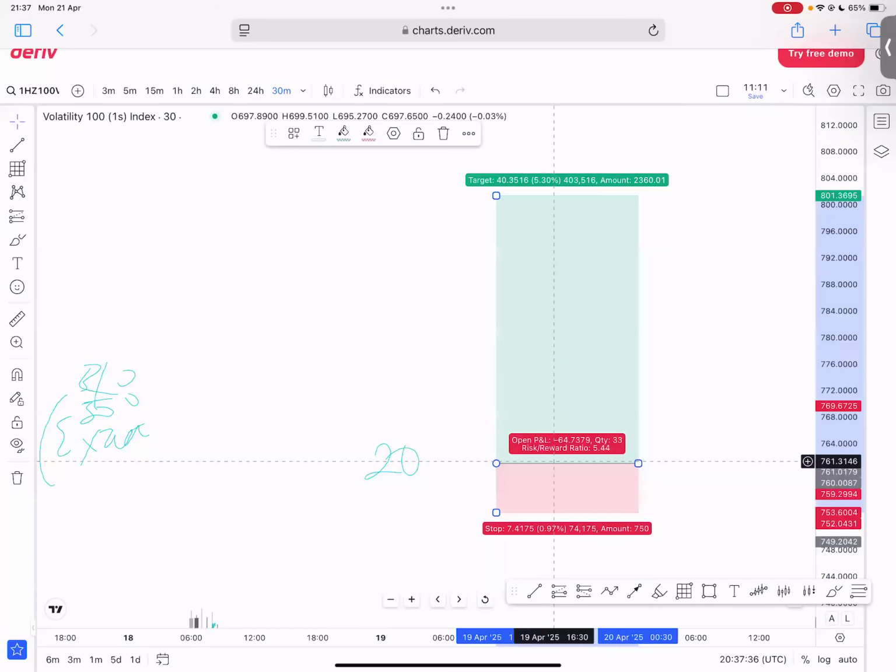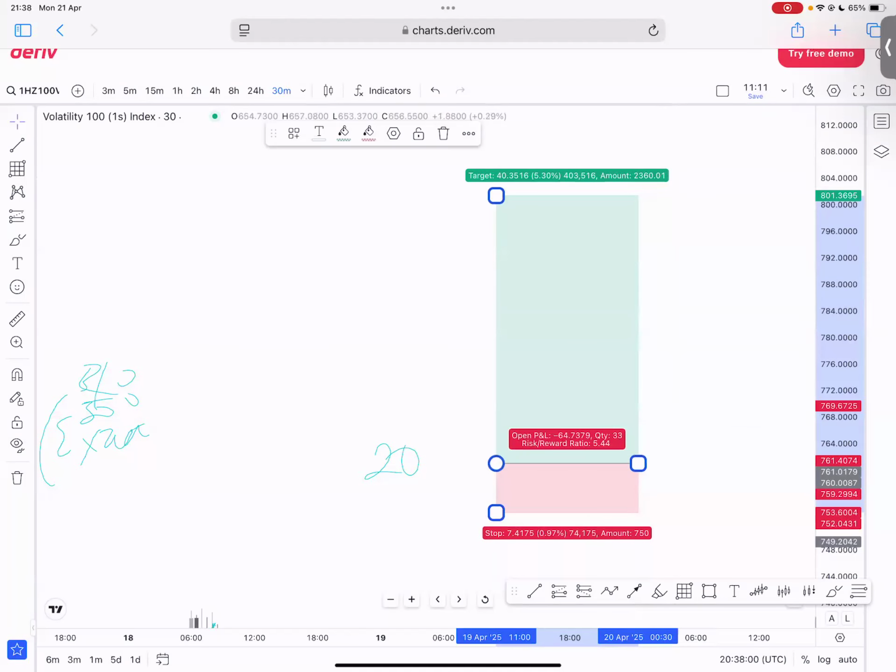Just below it you will see the risk to reward ratio 5.44, which means that if you risk $100 on this trade, at take profit you'll be making $544. This is a 1:5, which means if you're risking one, you'll get five.